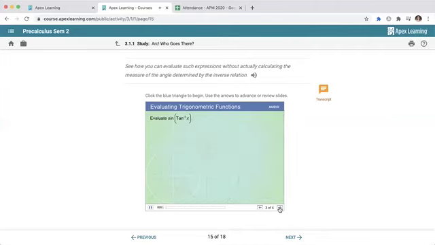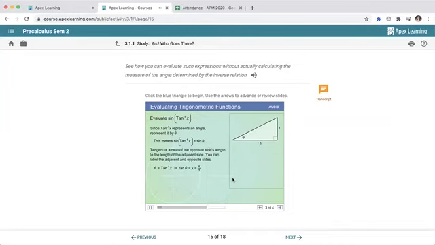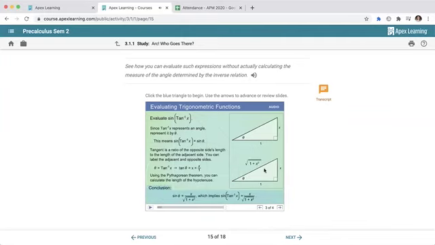Try to extend the reasoning of the previous example to this situation. Here, there is no possible way to calculate the angle given by tangent inverse of x. You have to rely on right triangles. Again, not as nice here, but you can still do it. It's saying, what angle would give us tangent equal to x?